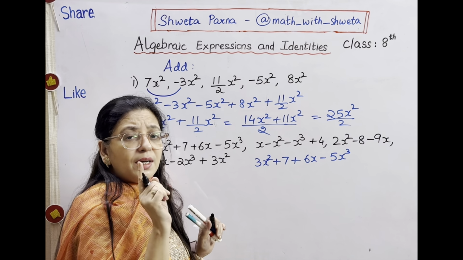Minus 2 plus 4, 2x. Plus minus 1 minus 5 minus 1 is minus 6, minus 6 minus 2 is minus 8. So the answer is 7x square plus 3 plus 2x minus 8x cube. See, the answer will remain the same.